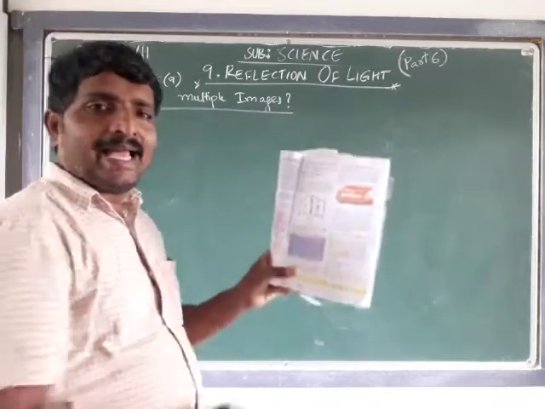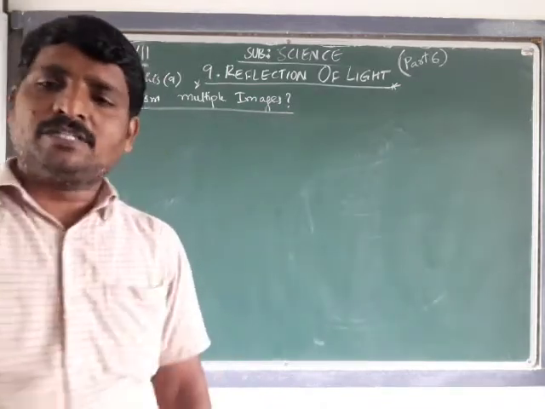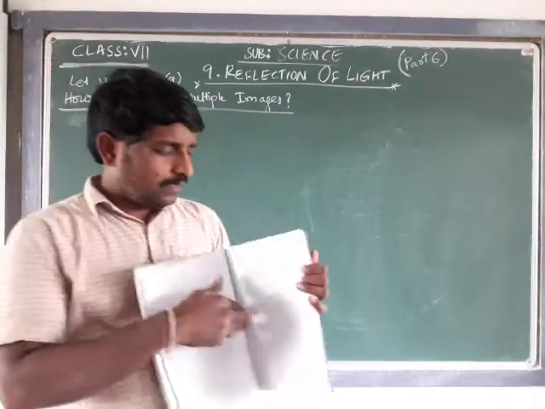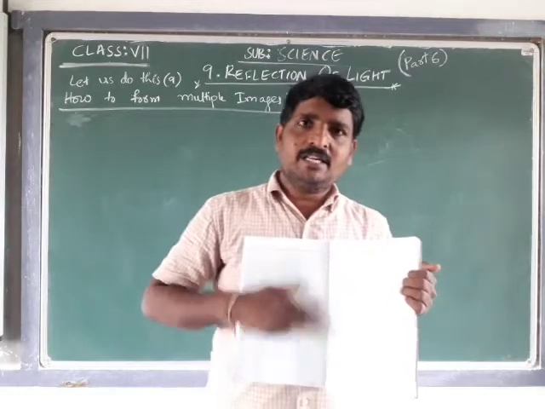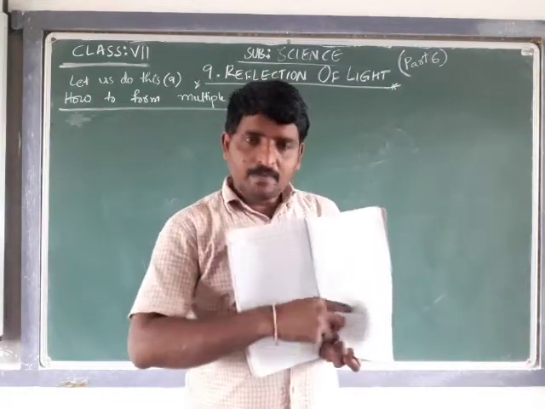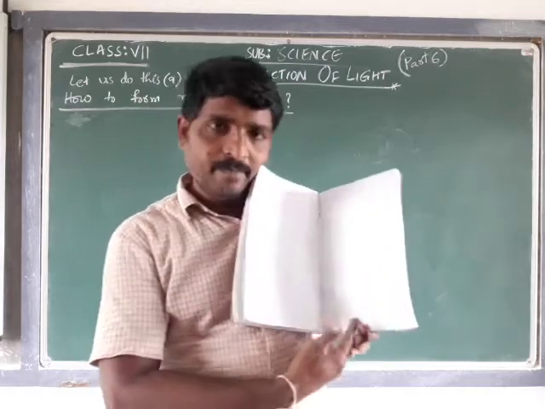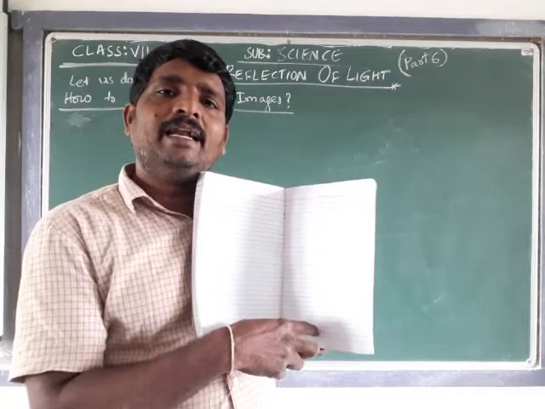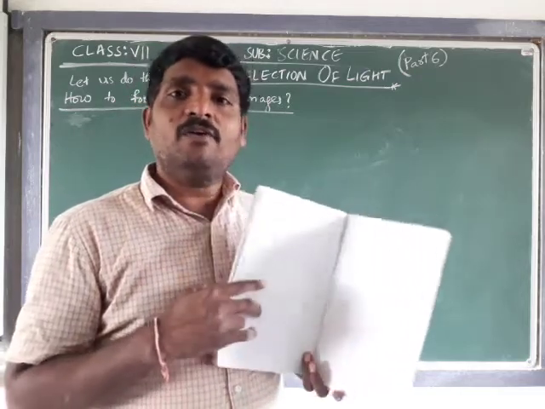That depends on the angle between the two strips. What does it mean? Suppose this is one mirror strip; the angle made between these two mirror strips helps to identify how many images are going to form.